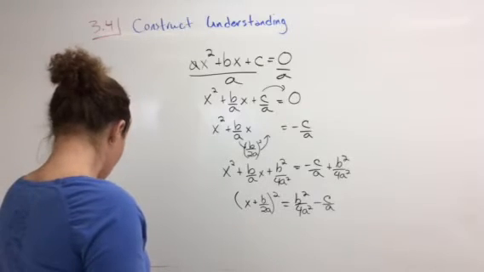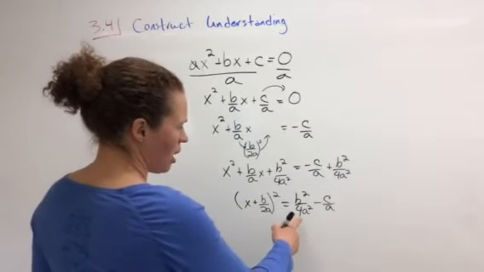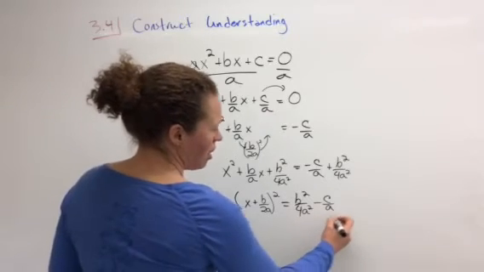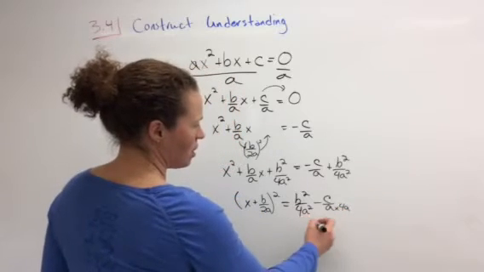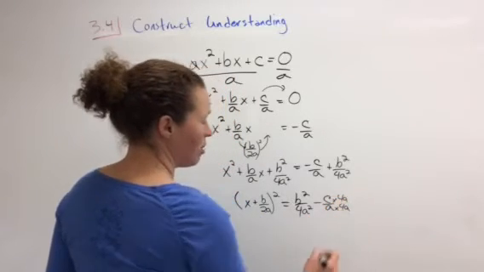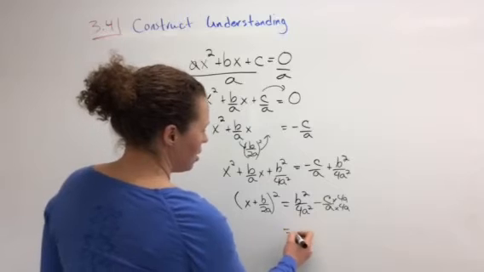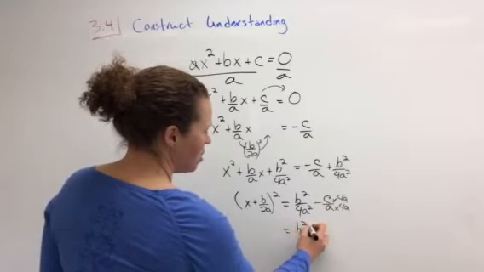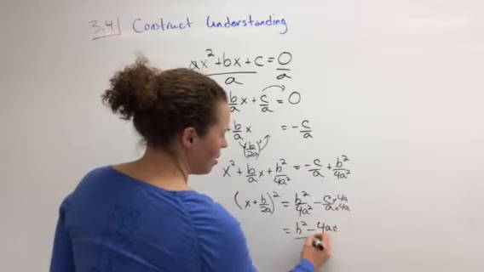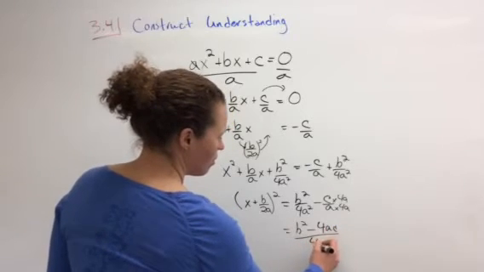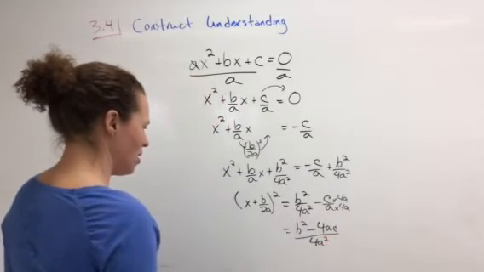And if I want to actually solve this side, I'm going to have to multiply this one by 4a to get to 4a squared, so that one has to be multiplied by 4a as well. So I'm going to end up with b squared minus 4ac all over 4a squared on this side.